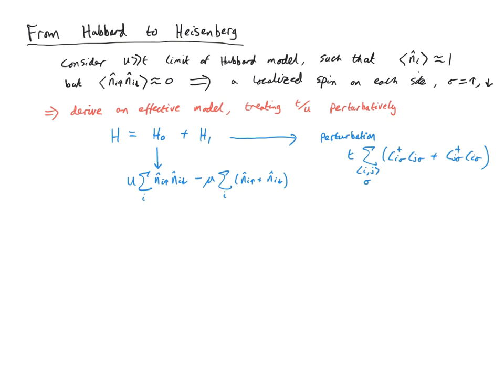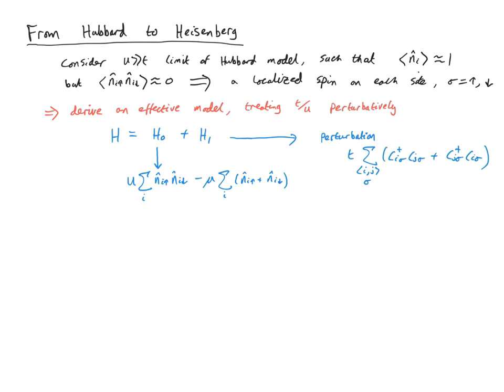So we're going to be doing perturbation theory in this H1, in the limit that T over U is a small parameter. So this is a lattice model. It exists on some given lattice, which is basically described or hidden away inside this sum over nearest neighbours i and j that encodes the geometry and dimensionality of the lattice.